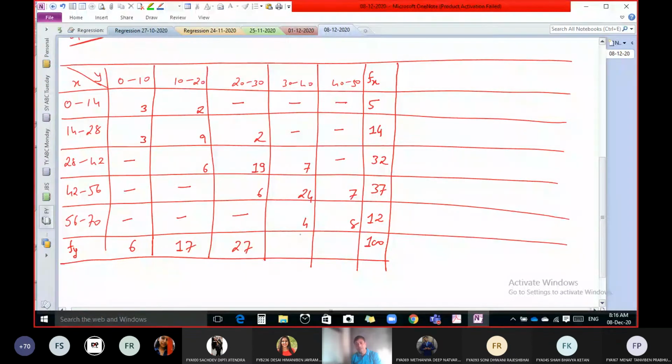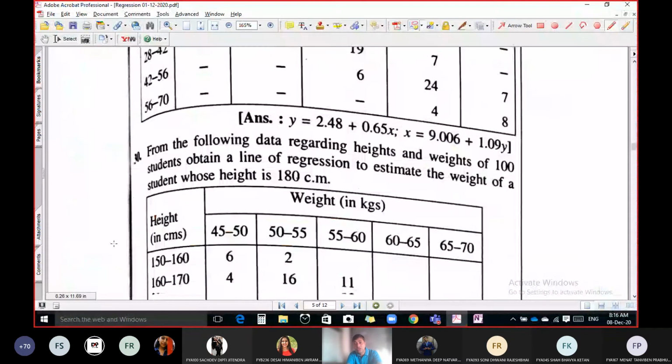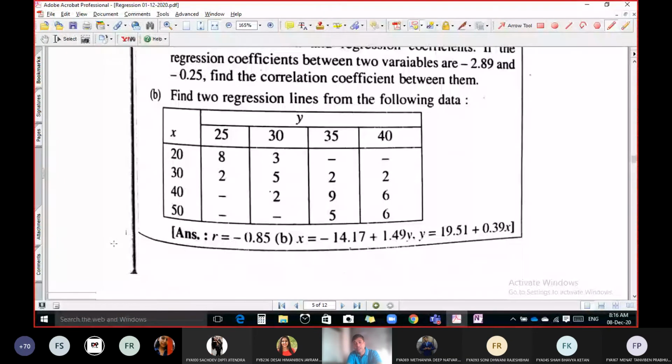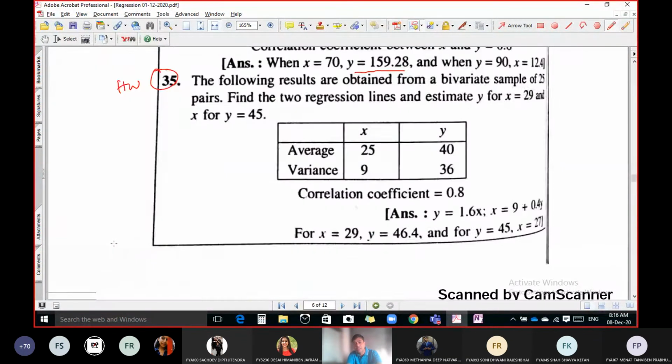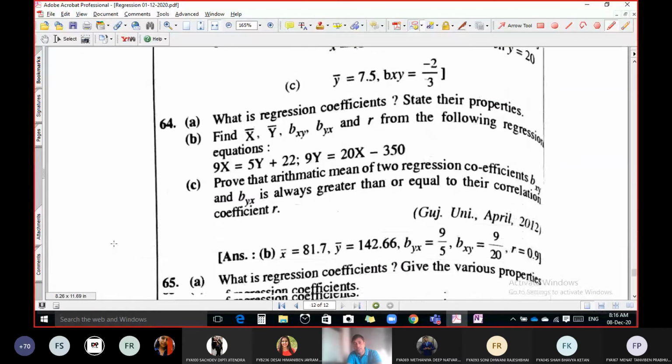Here this is 35 and 15. So the total of this is also the same, 100. So sometimes this type of information is given in the question itself, meaning the total is already given. Not every time, but sometimes it is possible.